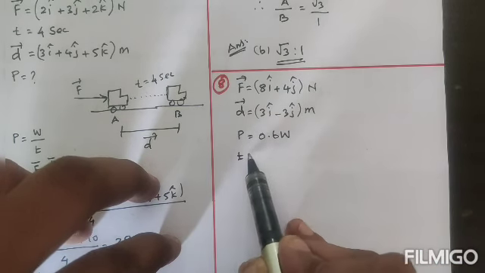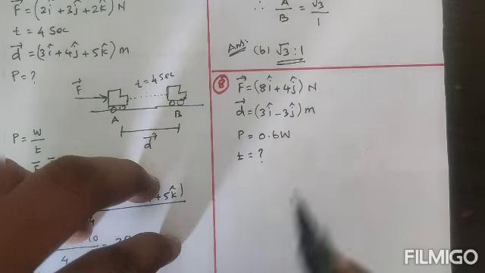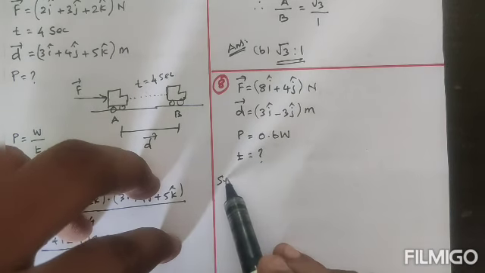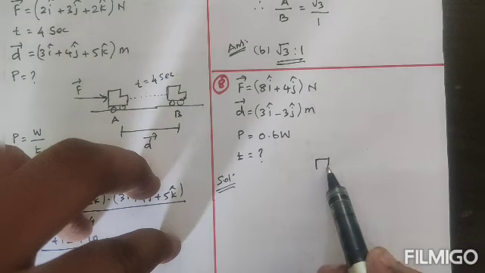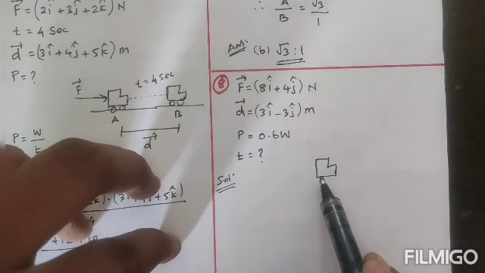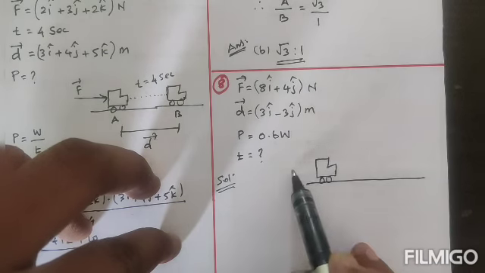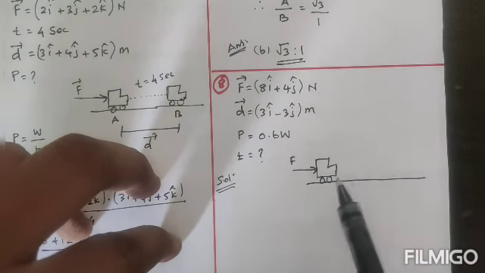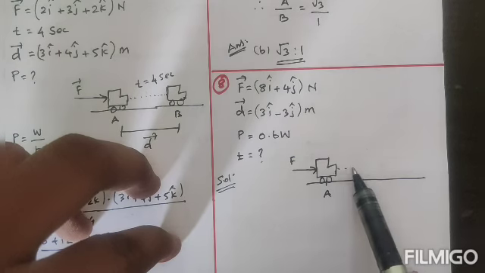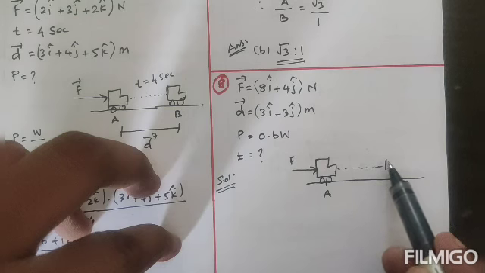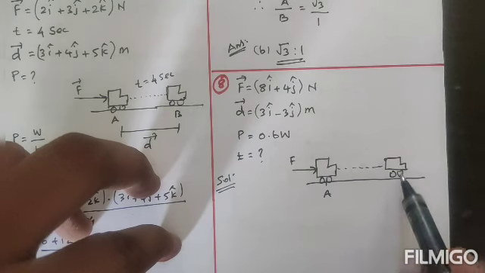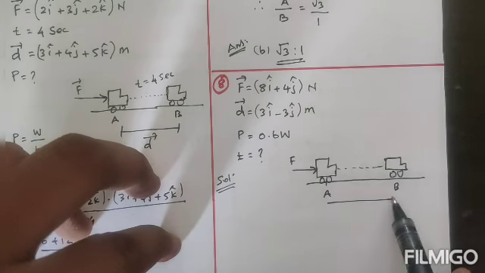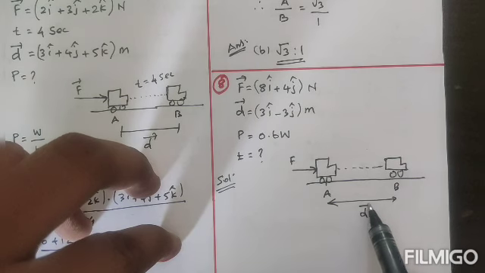So in this question, how long is the force acting on the body? That is the question. So let's see the solution. Let's take one object. Some force is acting on this object. Due to this action of force on the object, it is displaced from point A to point B. This displacement d vector is given, and the applied force F vector is given.